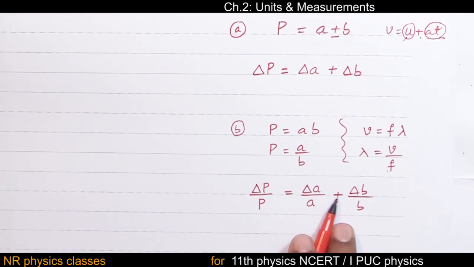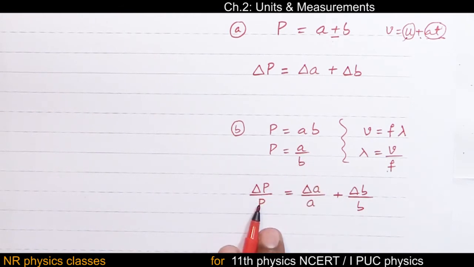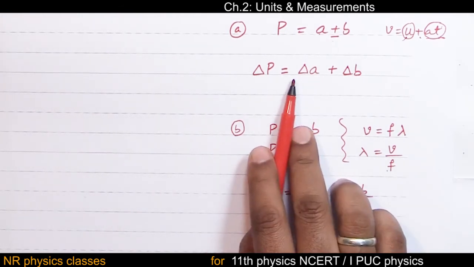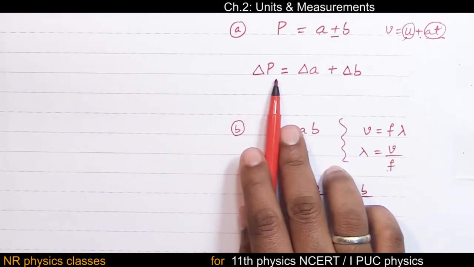Okay, so if it is product or the ratio, it should be relative error. If it is sum or difference, then it should be just absolute error.